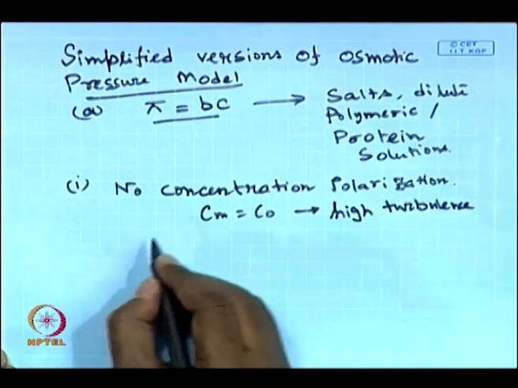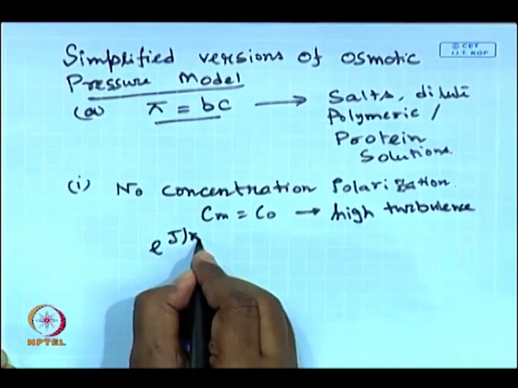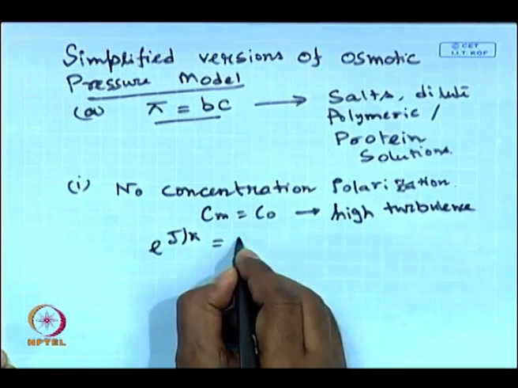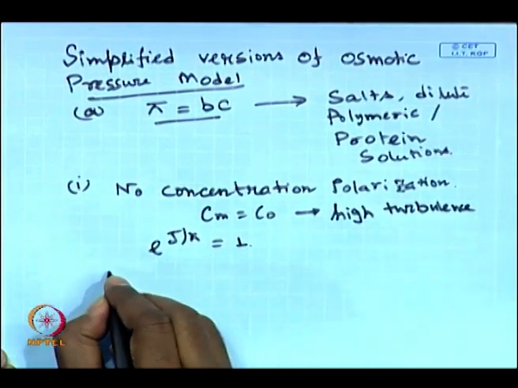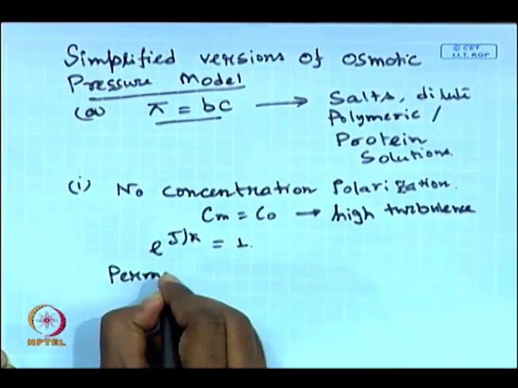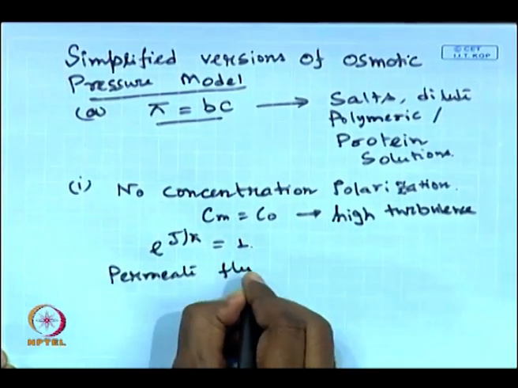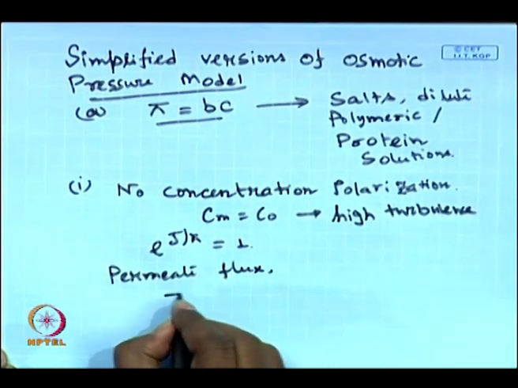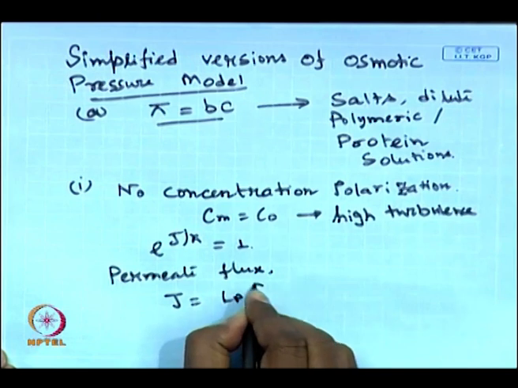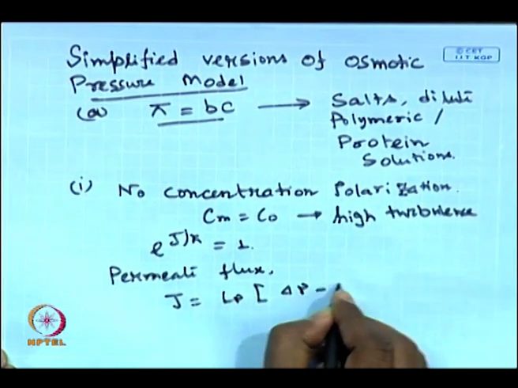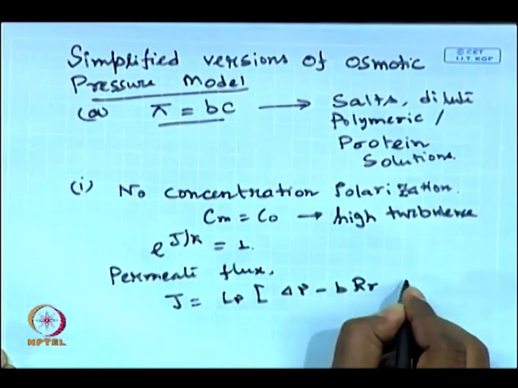Okay. In that case, e to the power J by k will be equal to 1, and the permeate flux becomes J is equal to Lp delta p minus B times Rr times C naught.